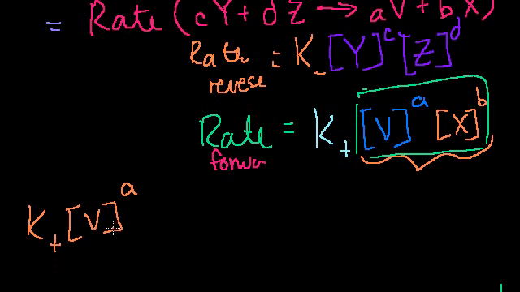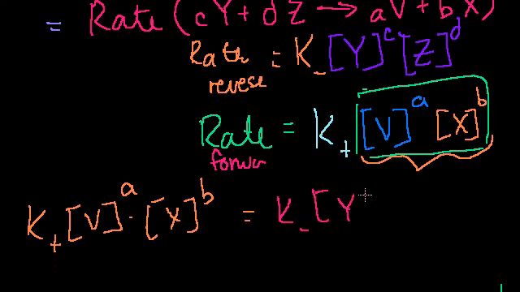It's the concentration of V to the A power, times the concentration of X to the B power, that's the forward reaction, and that has to equal the reverse reaction. So K minus times the concentration of Y to the C power times the concentration of Z to the D power.